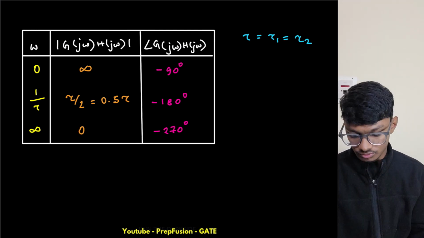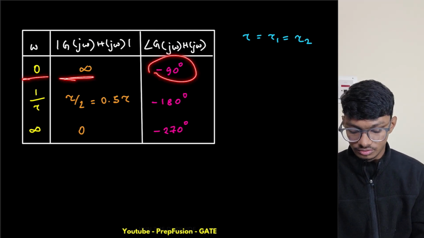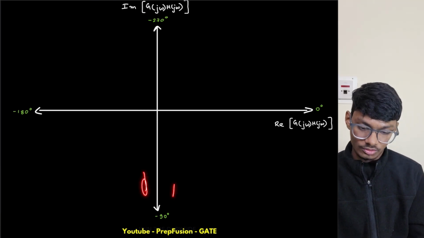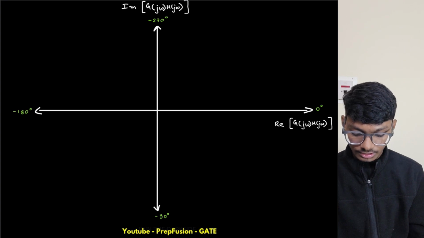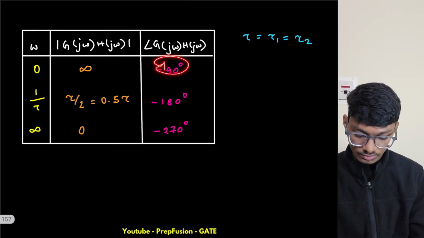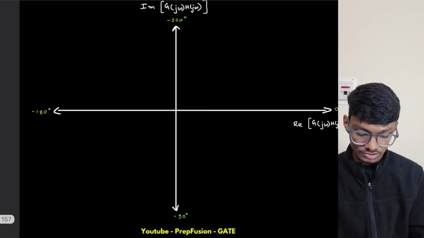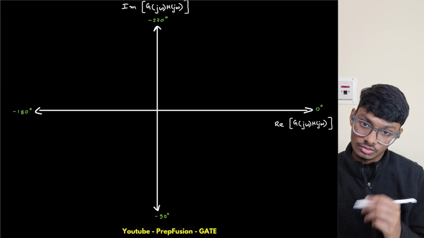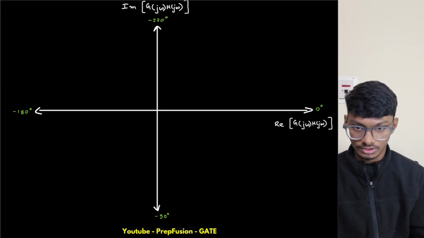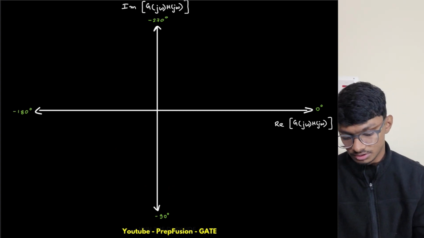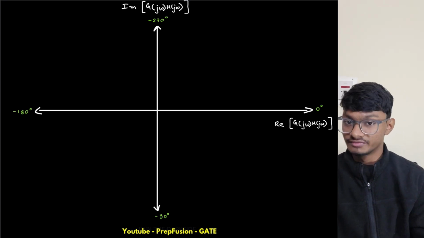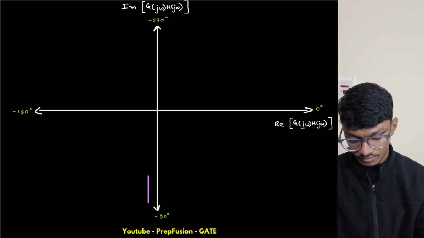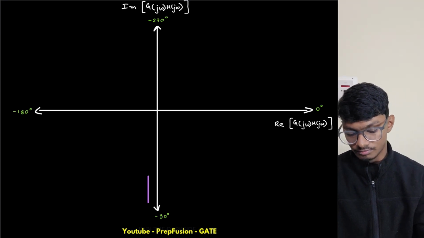Let's plot this now. Initially it is starting from minus 90 with infinite magnitude, so it will start something like this. And why am I starting from here and not here? Because it has already crossed 90 and is going towards minus 180, so I will start from somewhere here. It will be similar to the previous question, and I will mark the points later.